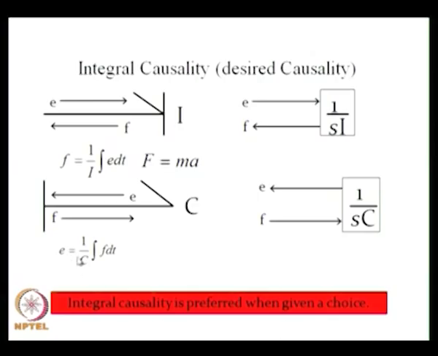And for C elements, 1 over C integral F dt is the relationship, so the effort is calculated here. So E is equal to 1 over C integral F dt, and this integral causality is preferred when given a choice. Whenever you have a choice, you should try to go for the integral causality for these elements.